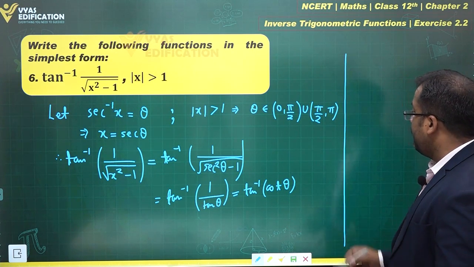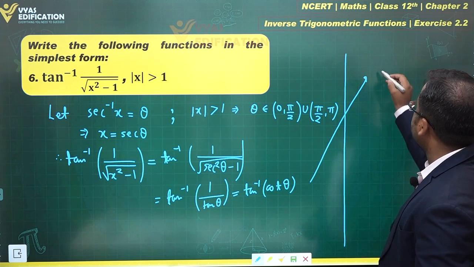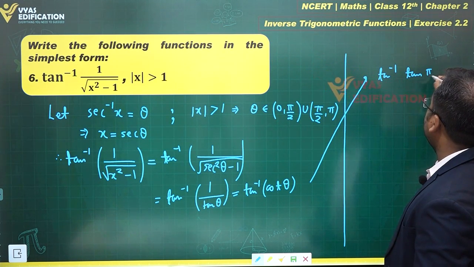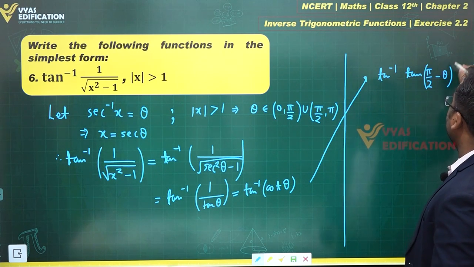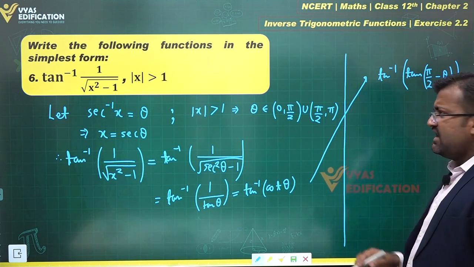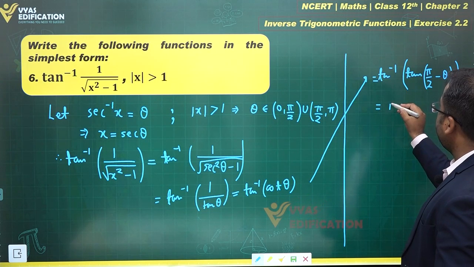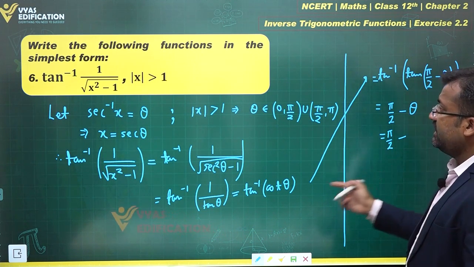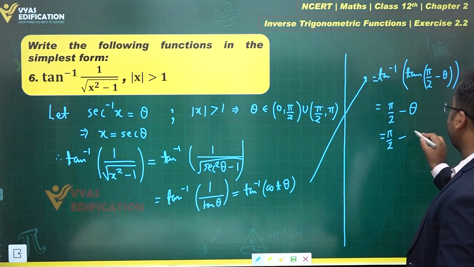So using complementary angles, tan inverse of tan of pi by 2 minus theta is equal to pi by 2 minus theta. What is theta? Theta is sec inverse x.